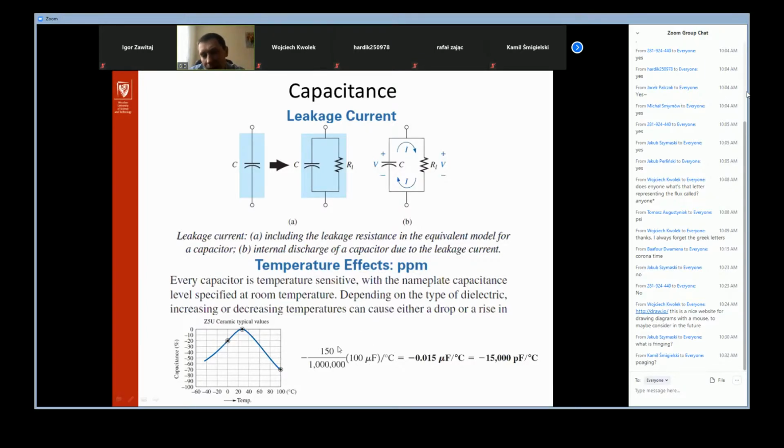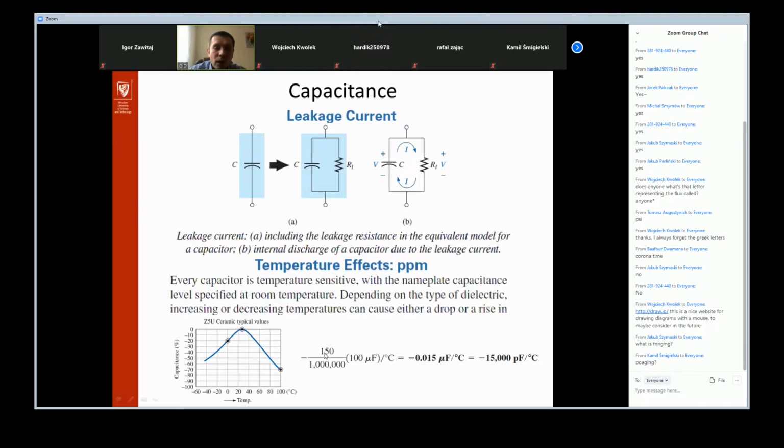and a nominal value equal to 100 microfarads, we can calculate what will be the change of the capacitance for any one Celsius degree change.